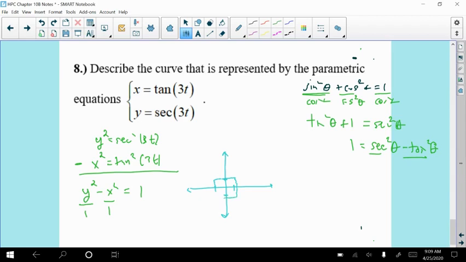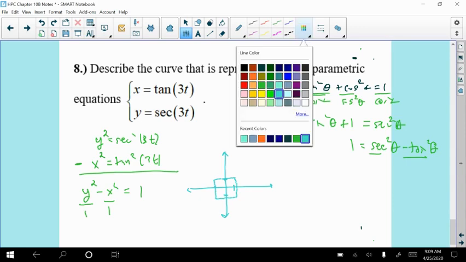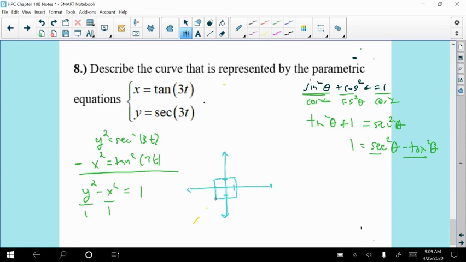Okay, let's see how that lags up there. That's kind of fun. And then I can go ahead and draw the two oblique asymptotes. And then that divides it into 4 regions.